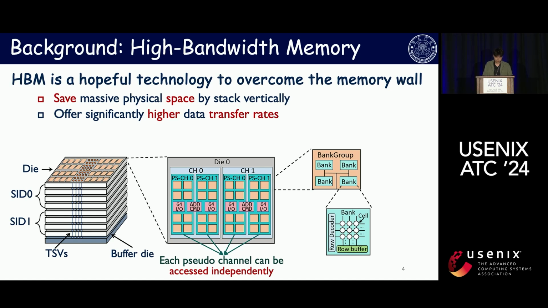Additionally, HBM features more pseudo channels than traditional DRAM, enabling significantly higher data transfer rates and bandwidth. Moreover, HBM introduces lower power consumption. These advantages collectively position HBM as a promising technology to address the memory bottleneck.